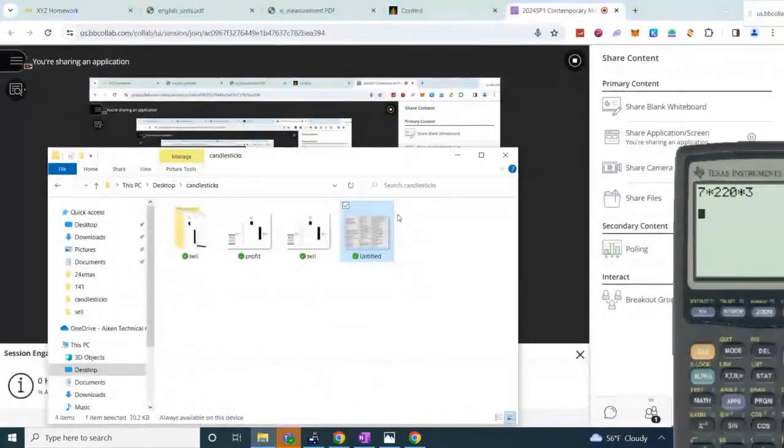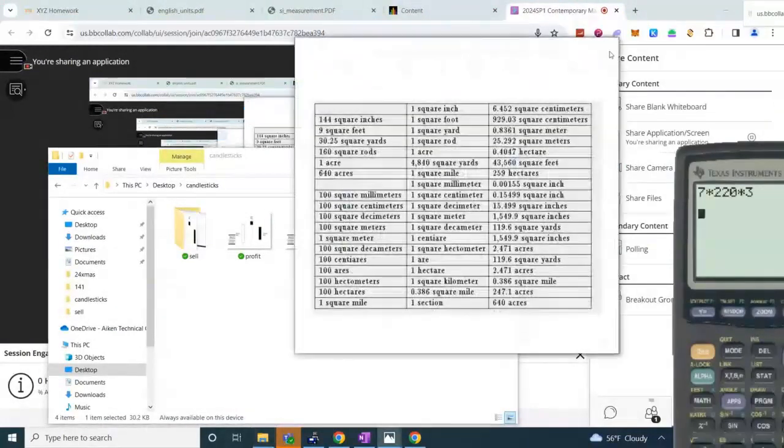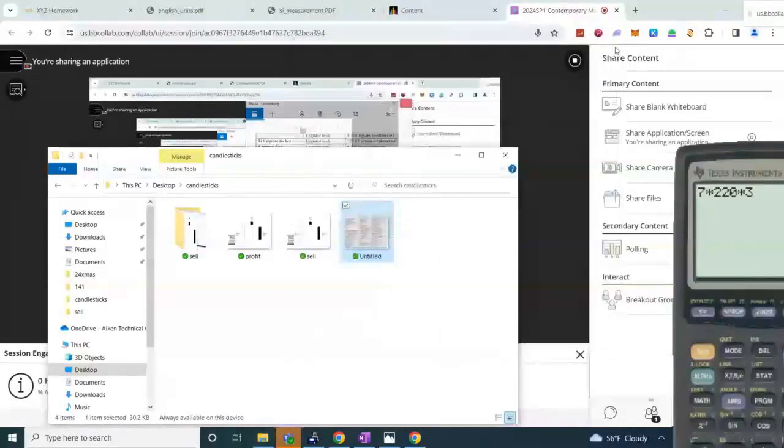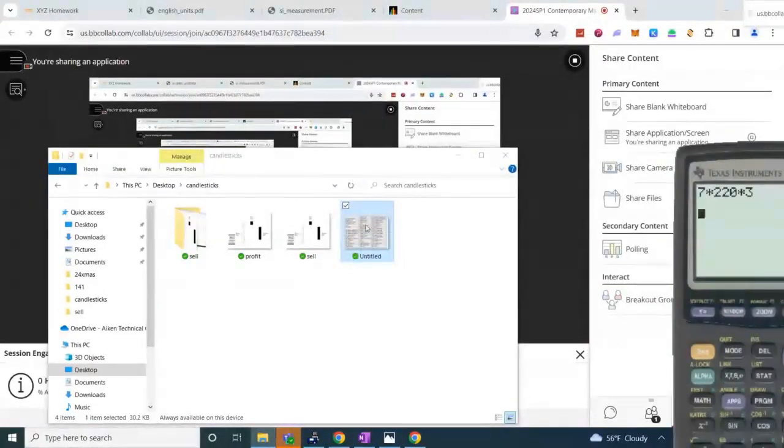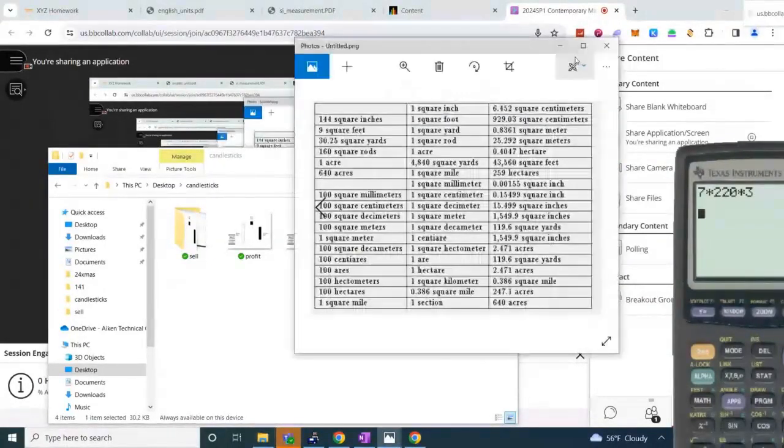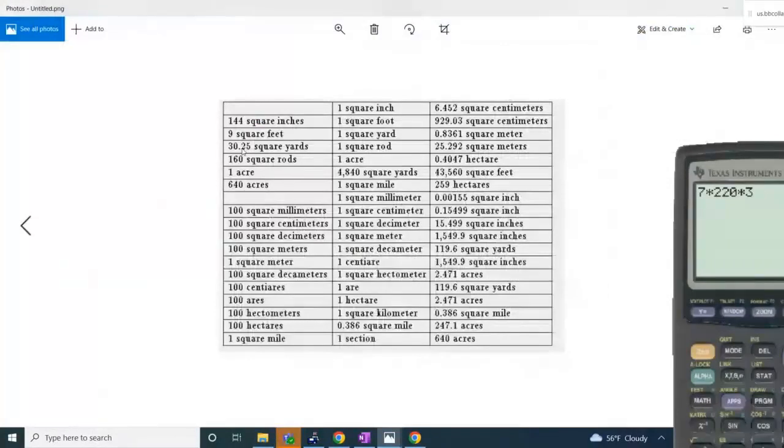Okay, let me just pull up the other sheet I had, and let's see if it's on this one. Yeah, square inches to square feet. So it says 1 square foot is 144 square inches.